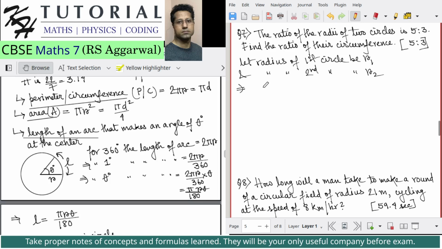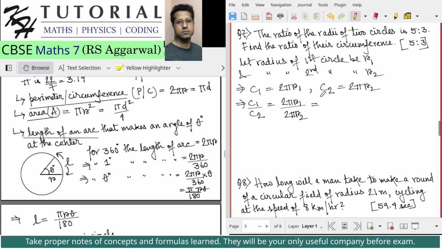Let C1 be the circumference of the first circle, it will be 2 pi r1, and C2 will be the circumference of the second circle, which will be 2 pi r2. So C1 by C2 is equal to 2 pi r1 by 2 pi r2.